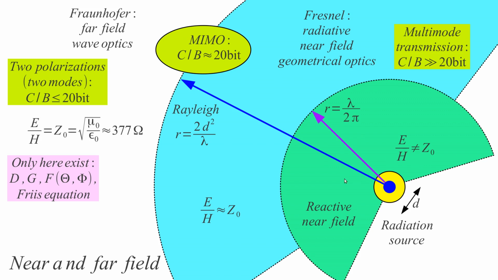The short range of this reactive near field is sometimes useful if we want to have communications with a well-defined radio range. One such communication is the wireless bank cards that we use to get money or make payments. We actually have to approach this bank card to the machine to be able to establish communication.